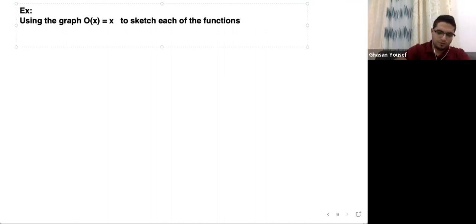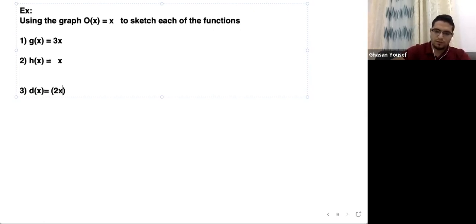So first one, A, g of x equal 3x squared. Second one is here number 1. Number 2, h of x equal 1 over 3 x squared. And for d of x equal, open parentheses, 2x squared.